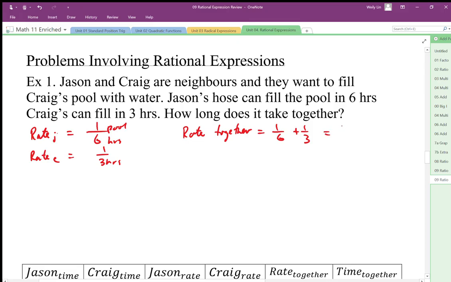That's 1 over 6 plus 2 over 6, which is 3 over 6. So in 6 hours, they would get 3 pools done. Jason would get 1 done, and Craig would get 2 pools done. So 3 pools in 6 hours. That means together they do 2 hours for 1 pool. We just flip that ratio around.